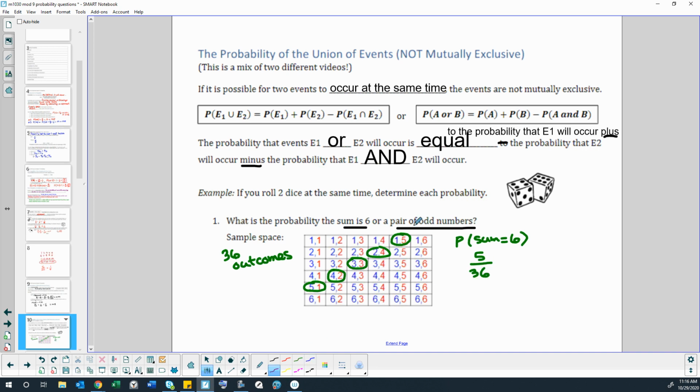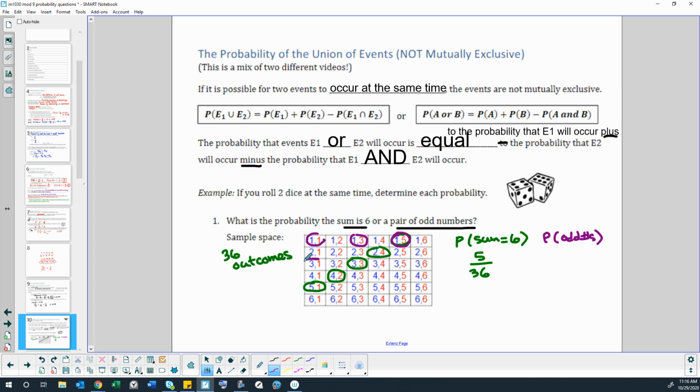All right, next we're looking at pairs of odd numbers. So P is a pair of odd numbers. So now let's go through and circle anything that has pairs of odd numbers. So 1 and 1, 1 and 3, 1 and 5.